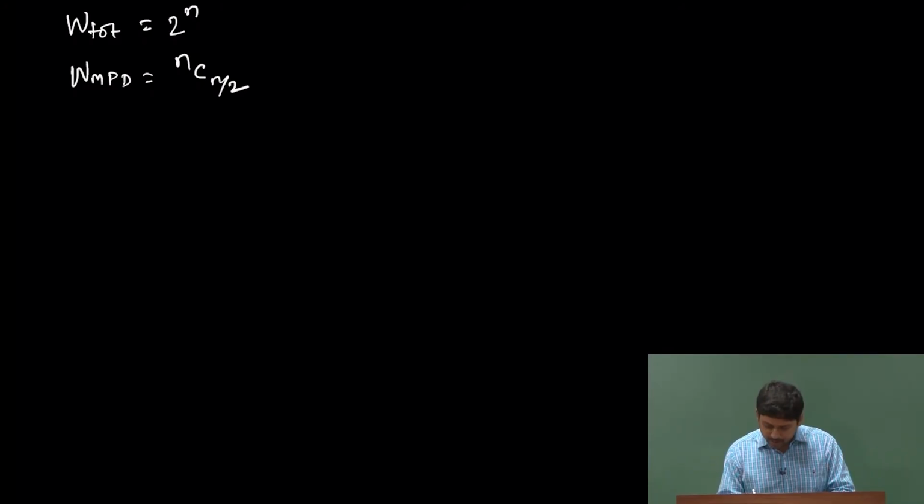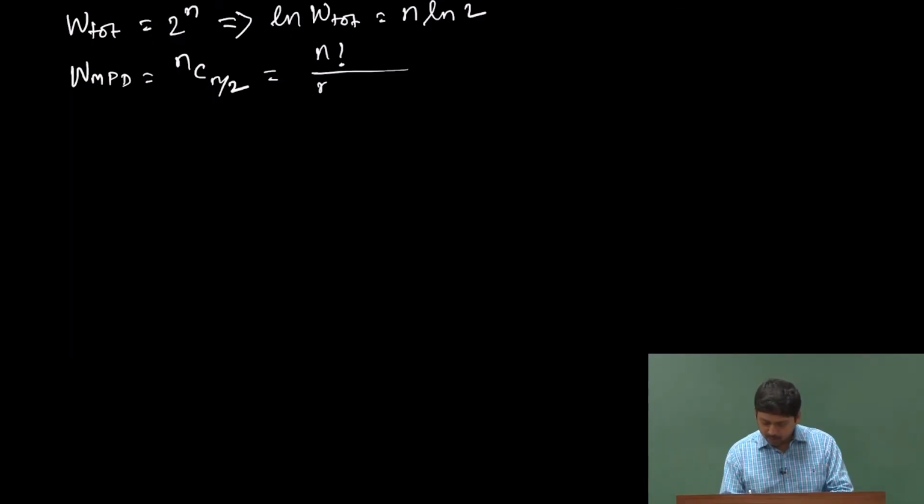So, let us take from here ln of W tot, which is n ln 2. Now, ln of WMPD, the most probable distribution.